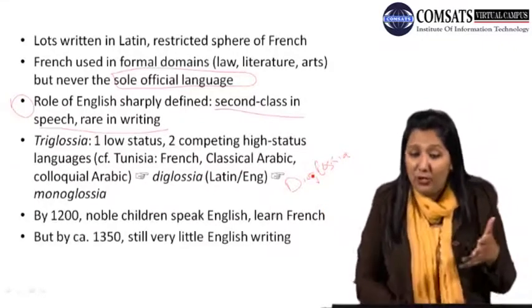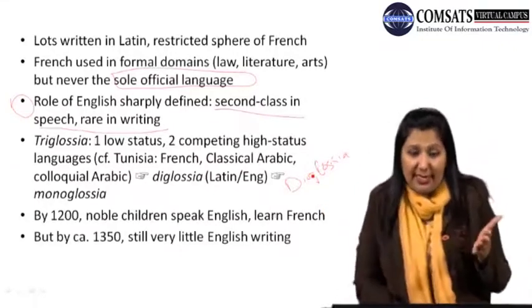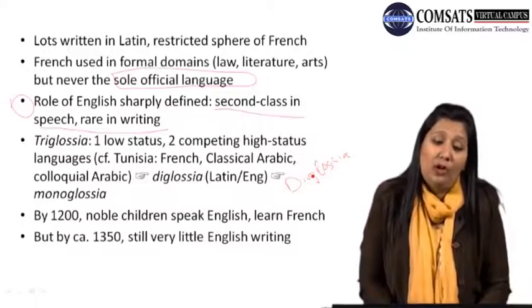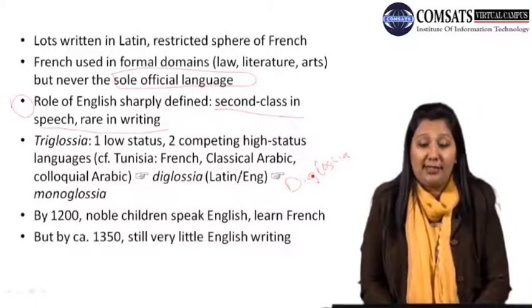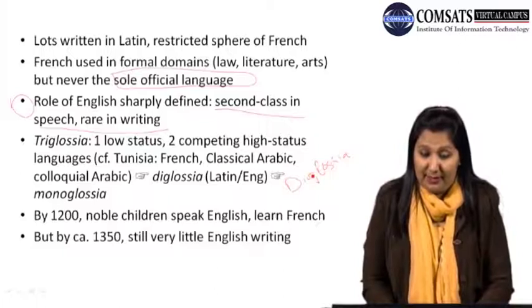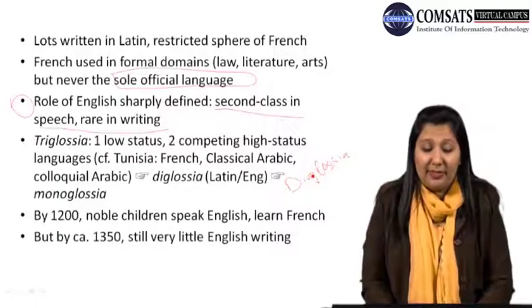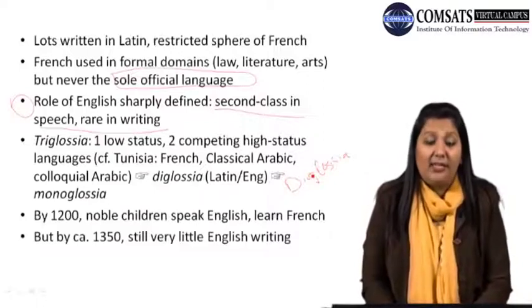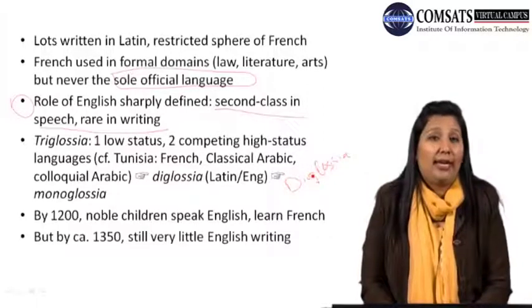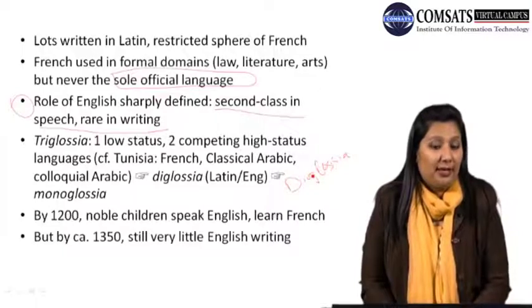And there was triglossia existing at that time in England. There was one low status and two competing high status languages. You don't need to go into that much detail, just that triglossia was going on in England. This is a very interesting thing.